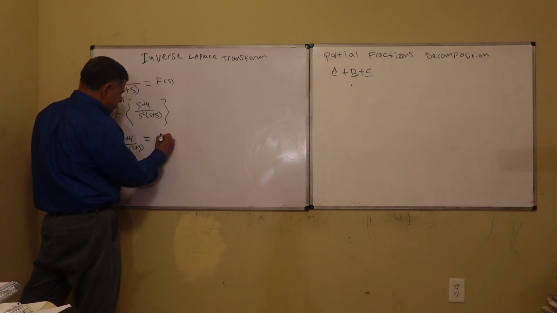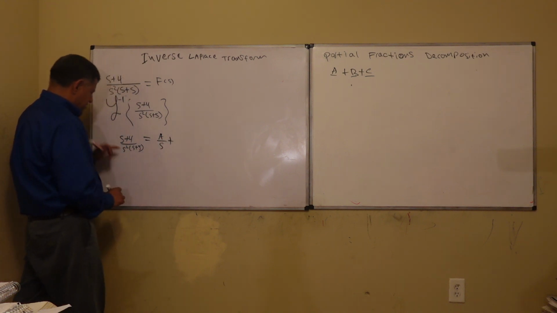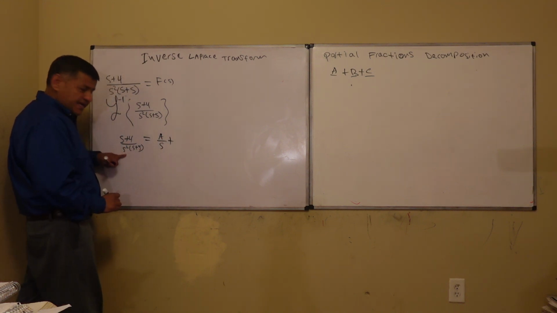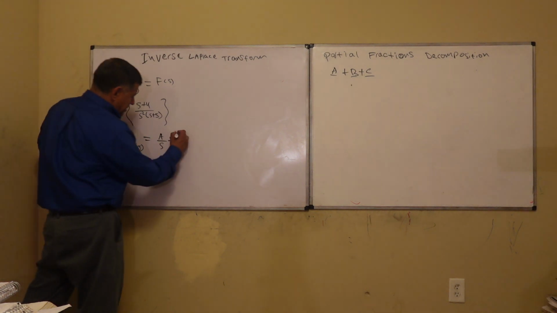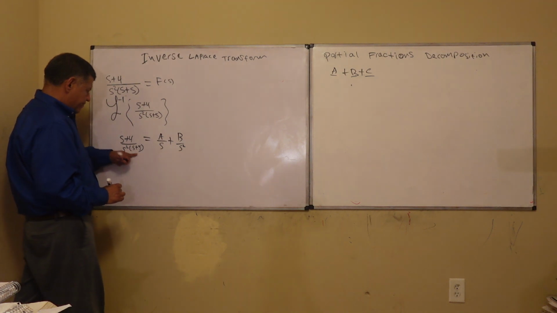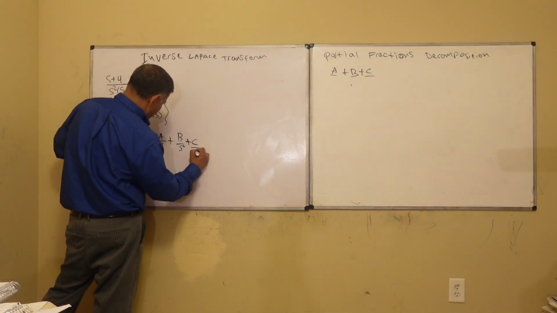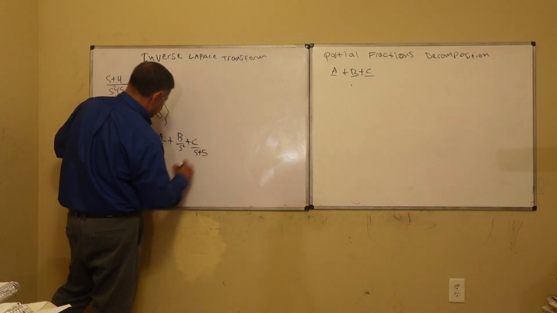It's going to be a over s, plus b, what is b? B is the next term, b over s squared, plus c over s plus 5, right?